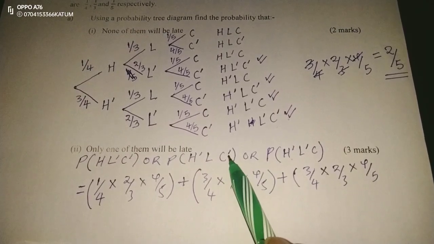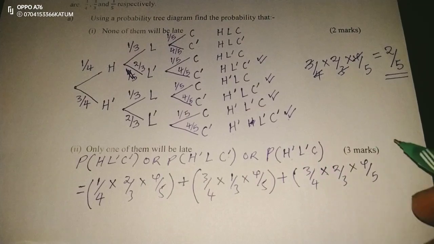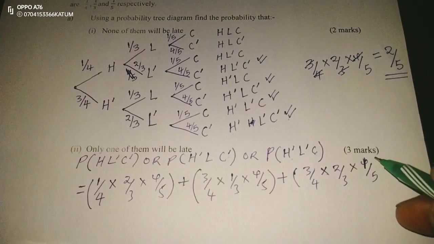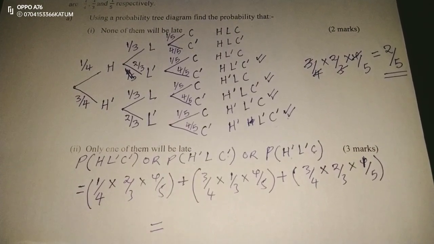Caroline not late is 4 over 5. So Caroline alone late is 1 out of 5. So these are the computations we're going to carry out now.